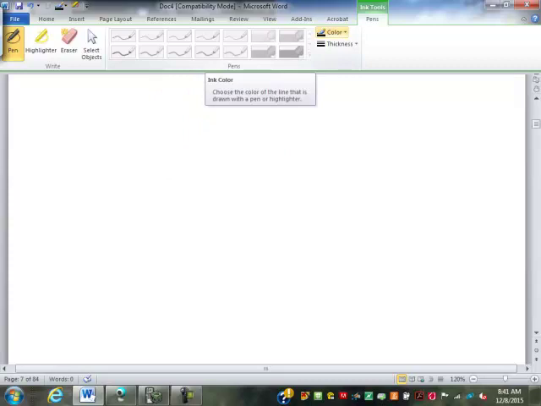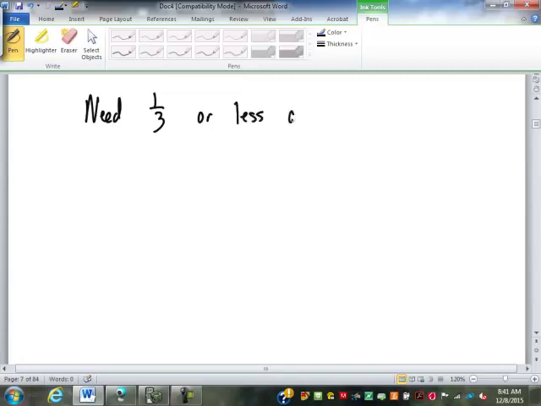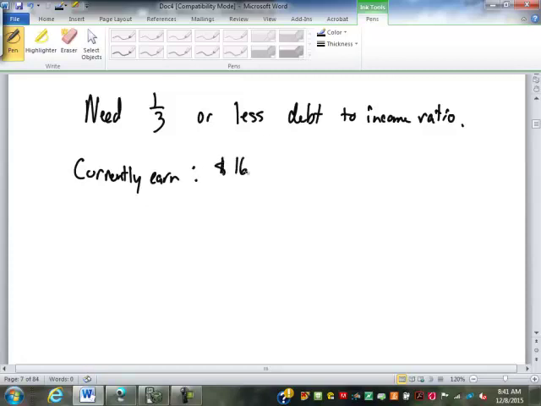How about a 1 to 3 or less debt to income ratio? Let's say you currently earn $16 per hour.